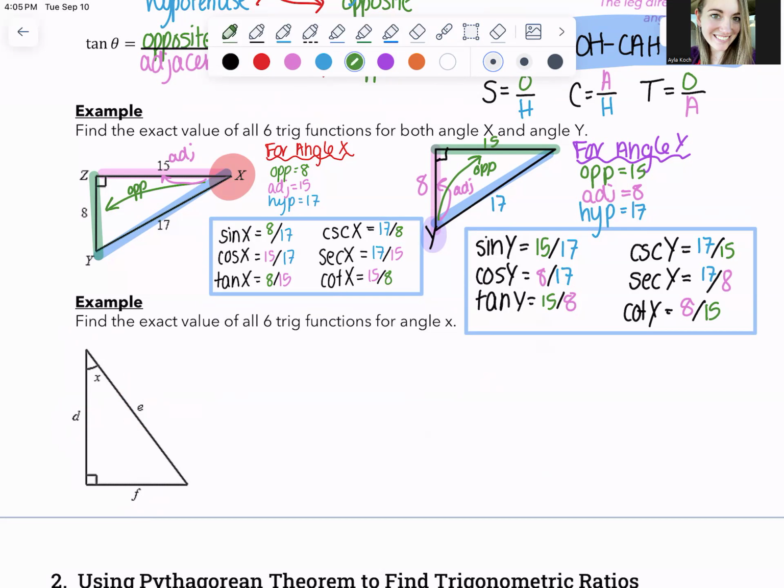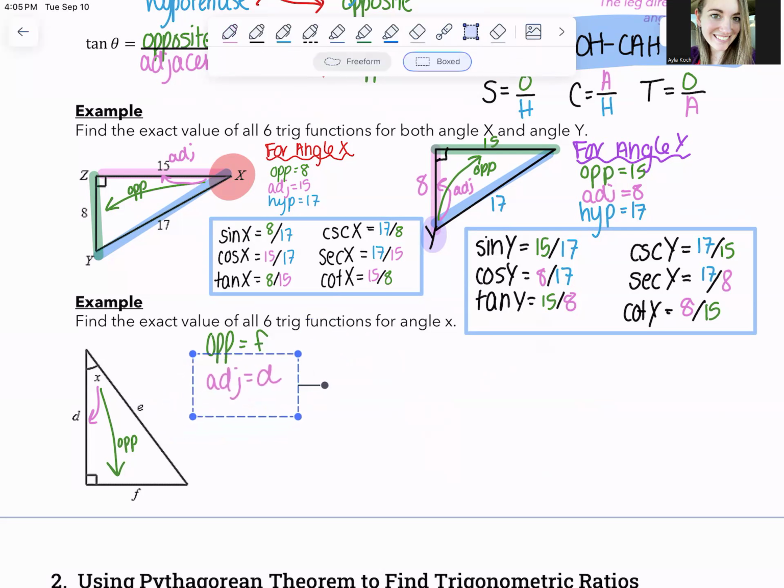So for angle X, the side across the triangle, the opposite, is equal to F. Opposite is F. The side adjacent to angle X, so right next to it, is D. So adjacent is D. Line them up.